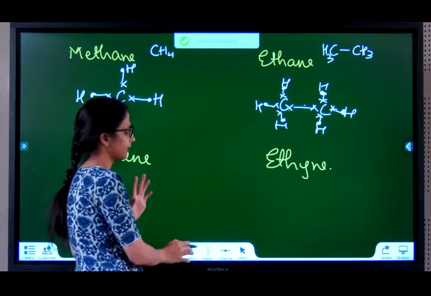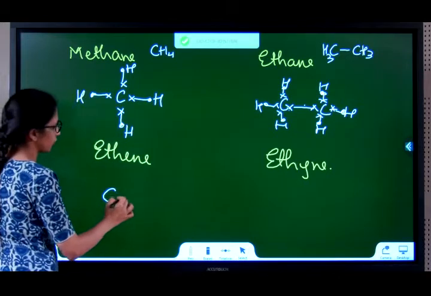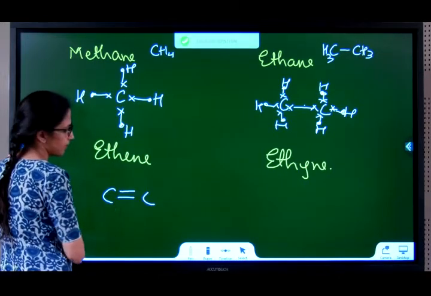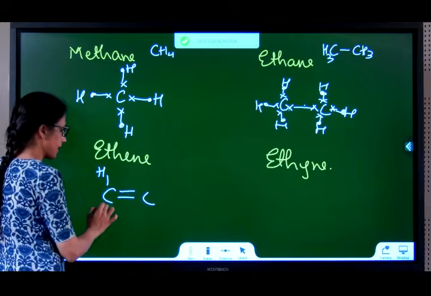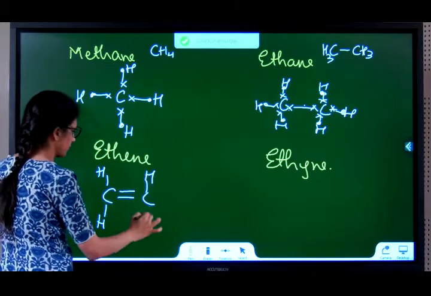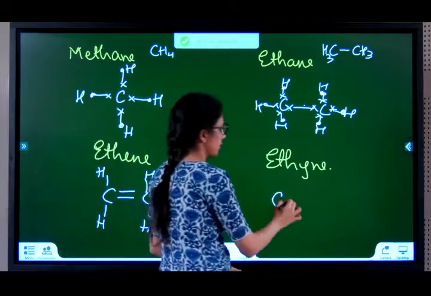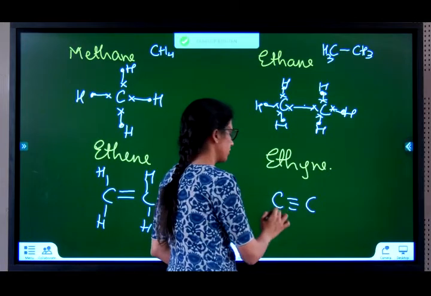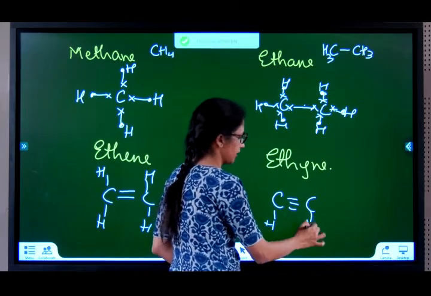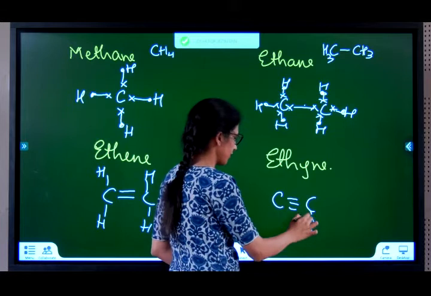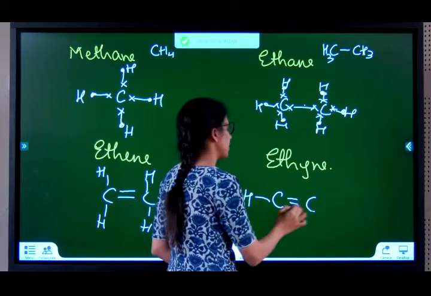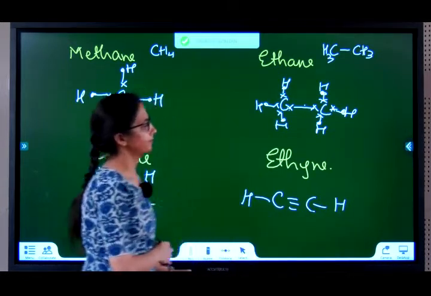So even if you leave it blank, it is okay. Ethene, I'm going to leave it blank. 2 carbon atoms, put a double bond, put the remaining H's. Ethyne, triple bond, needs one H, needs one H. You can put the H anywhere, even if you put it here, it's more than fine.